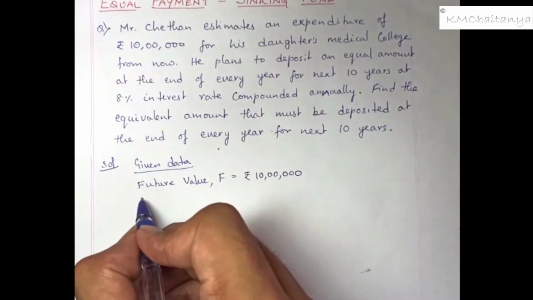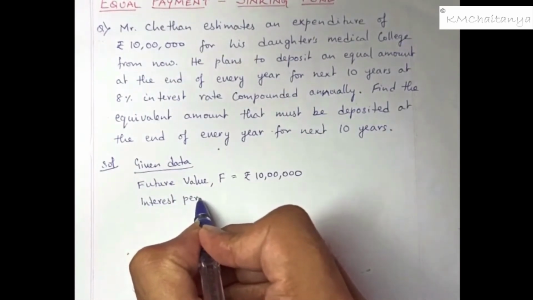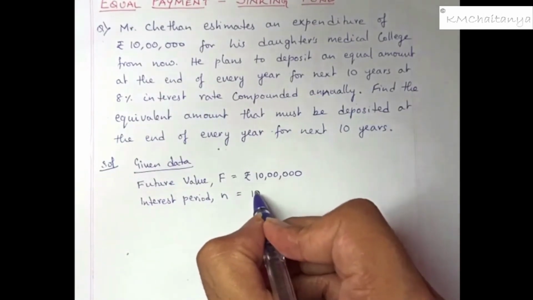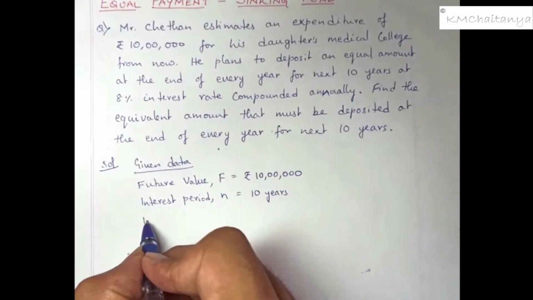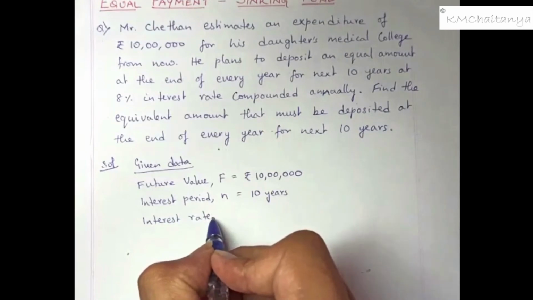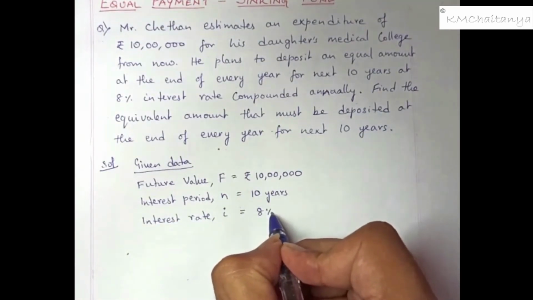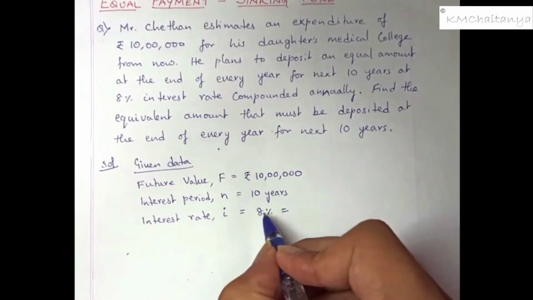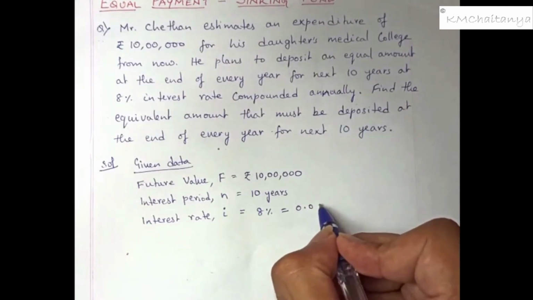The interest period, which is small n, is 10 years. Interest rate, which is I, is equal to 8%. So this I am converting into decimals now itself. 8 divided by 100, which is 0.08.